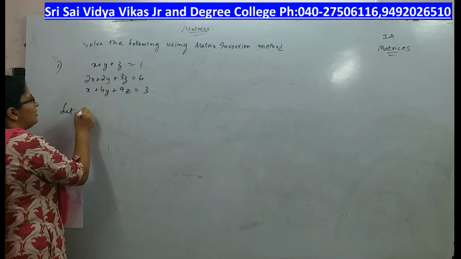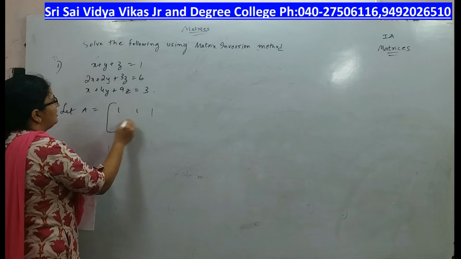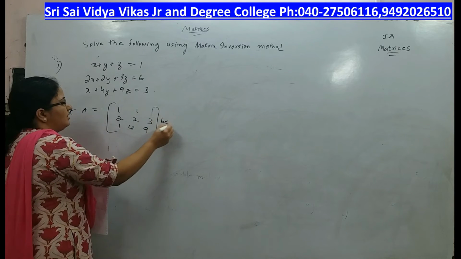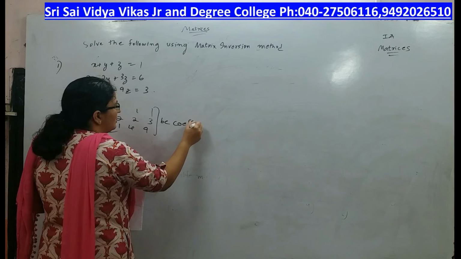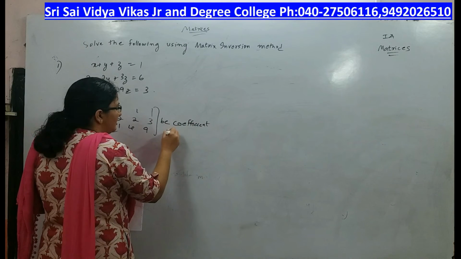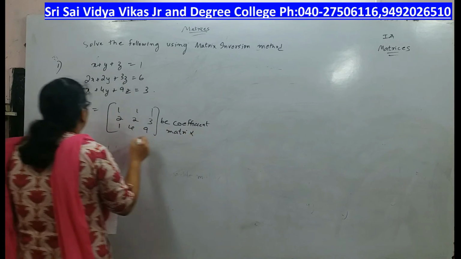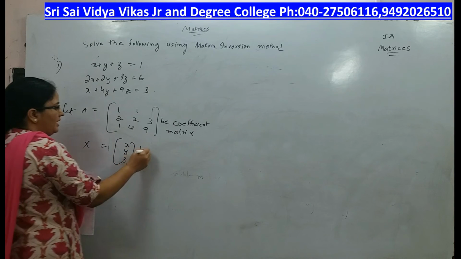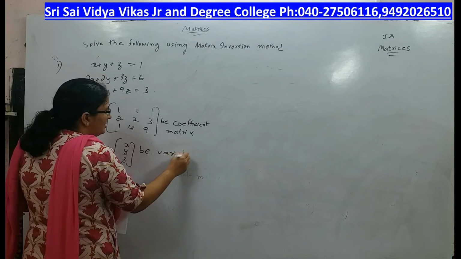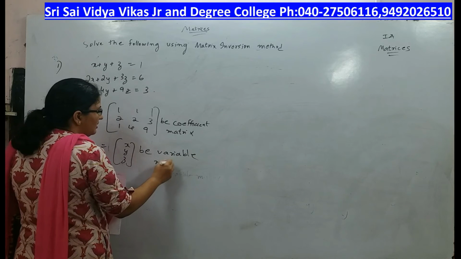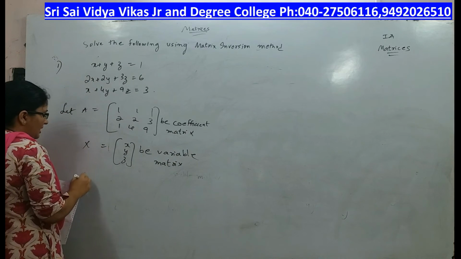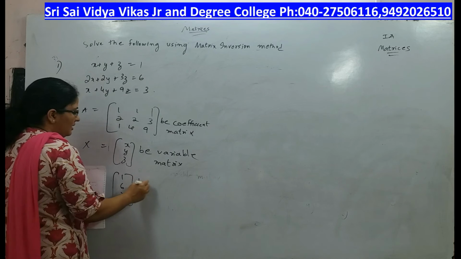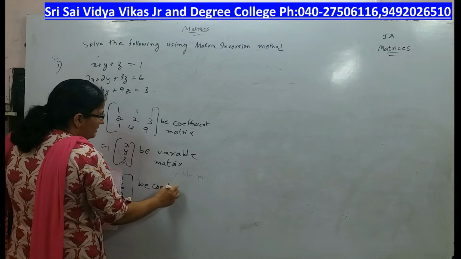Let A is equal to [1 1 1; 2 2 3; 1 4 9] be coefficient matrix, X is equal to [x y z] be variable matrix, D is equal to [1 6 3] be constant matrix.